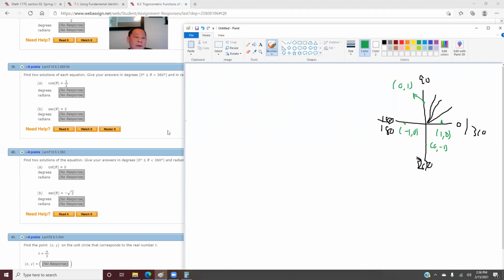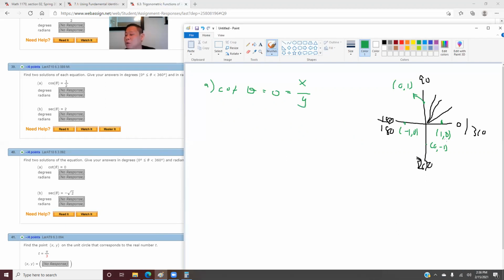Yep, you're correct. So now for question A, you're doing cotangent 0. Can you tell me cotangent is what over what? X over y. So these are your coordinates right now.